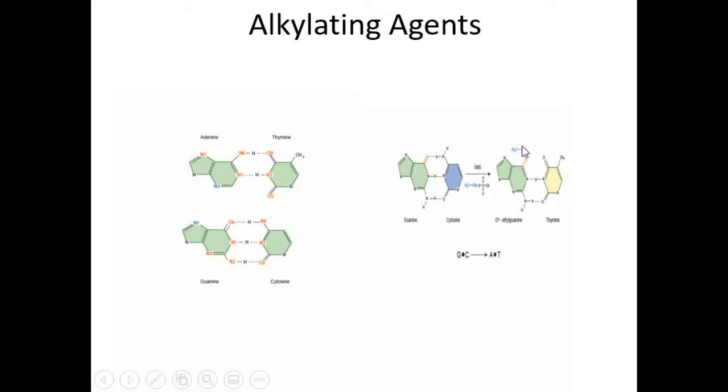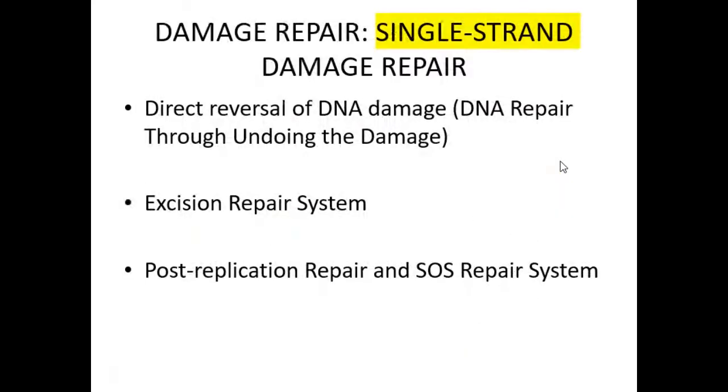Once the ethyl group is transferred here, this guanine is no longer complementary to the cytosine. The new one, O6-ethylguanine, is complementary to the thymine. And this is how it introduces the mutation, because the nucleotide has been changed. This is not a damage. Oh, okay, so it's a mutation that's not related to free radicals or outside damage. No, okay.